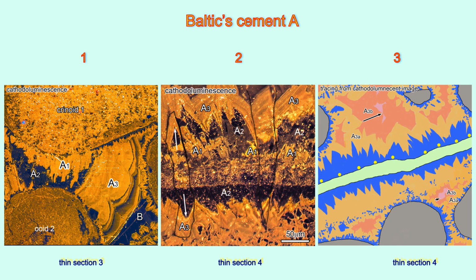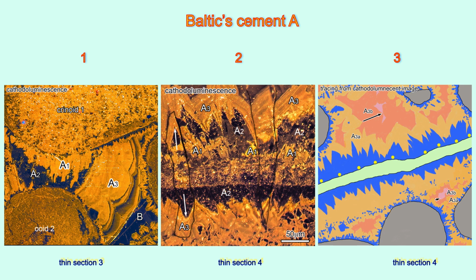This difference of cement growth rate can lead to oolites with a striped cementation pattern, as their episodic deposition leads to alternating skeletal, strongly cemented, and ooidal, weakly cemented layers.